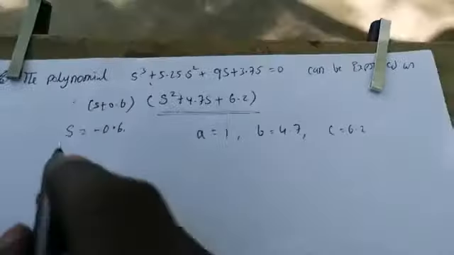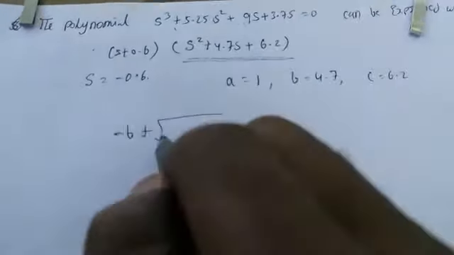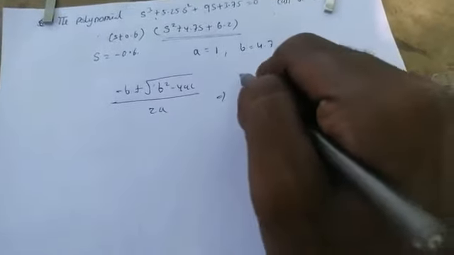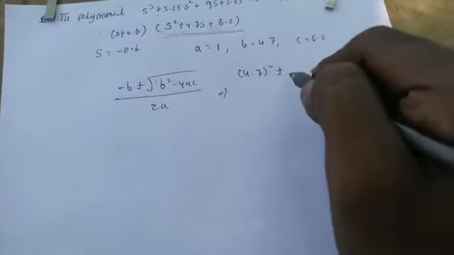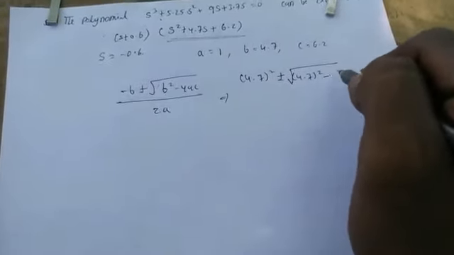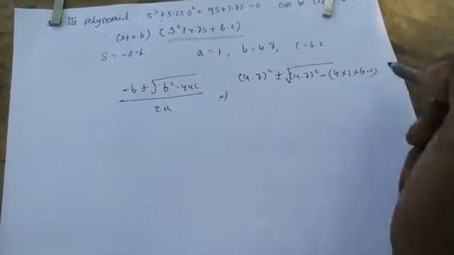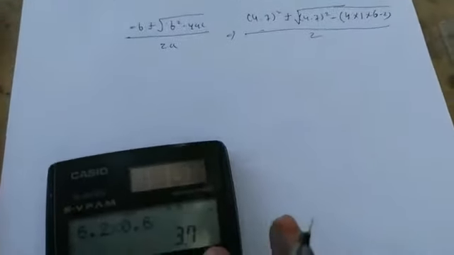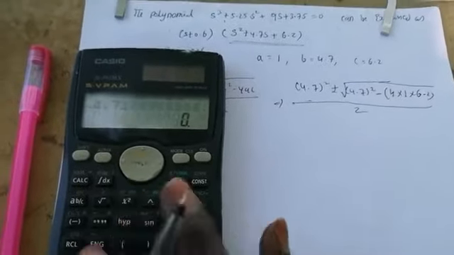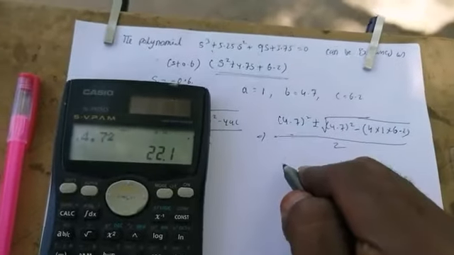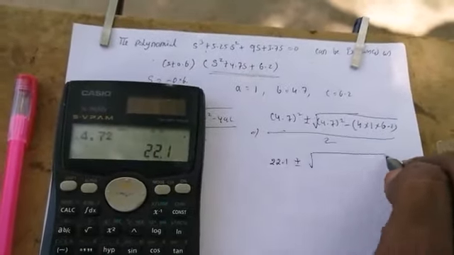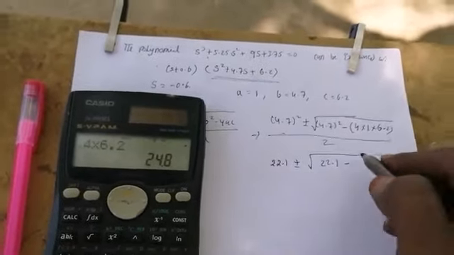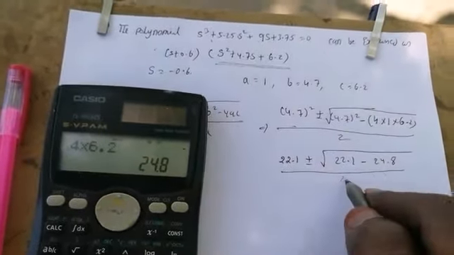So by using the roots formula, minus b plus or minus square root of b squared minus 4ac, divided by 2a, if we substitute here, minus 4.7 plus or minus square root of 4.7 whole squared, minus 4 into 1 into 6.2, divided by 2. 4.7 squared is 22.1, and 4 into 6.2 is 24.8.